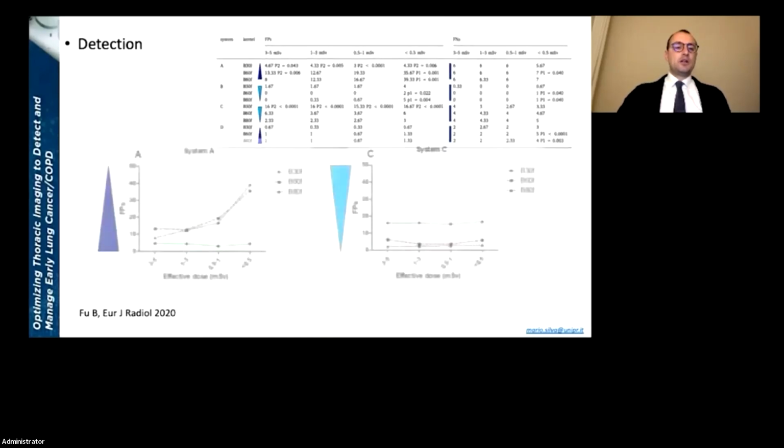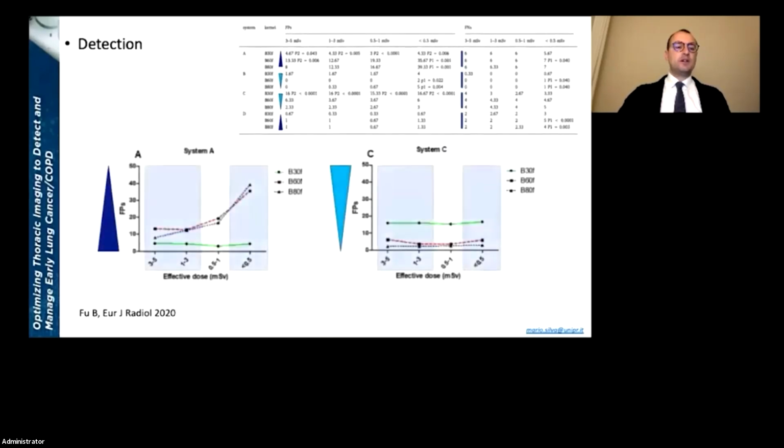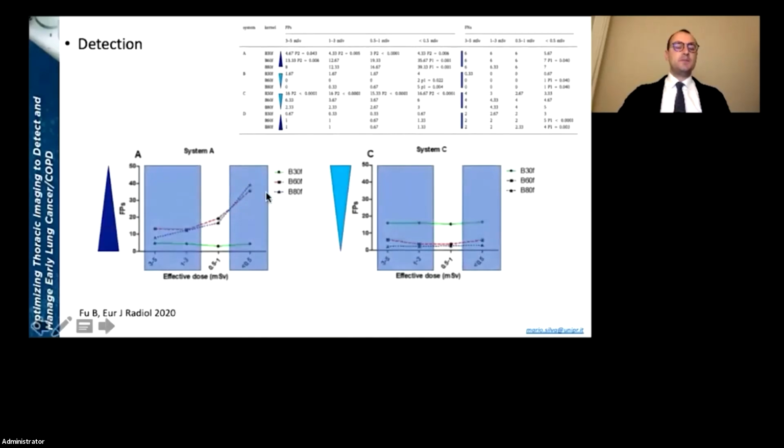This is shown in this graph as well, where system A and system C behave differently across the 3 kernels. With B30, software A has a very low number of false positives, whereas software C shows a higher number with the kernel B30, and the opposite with the B60 and B80.